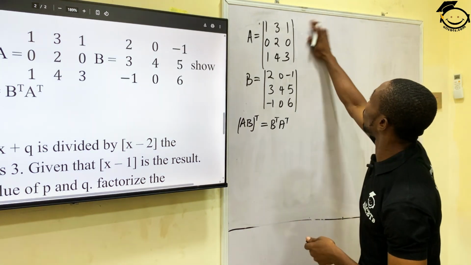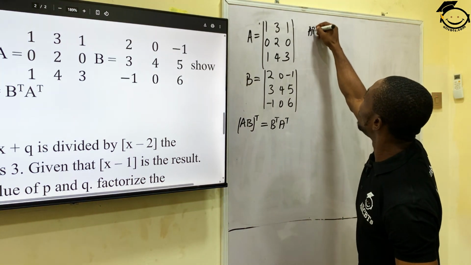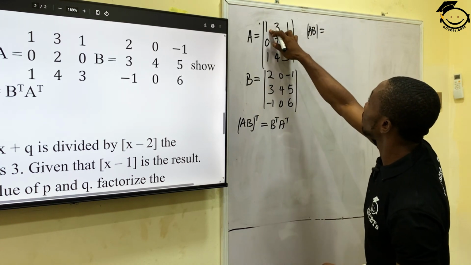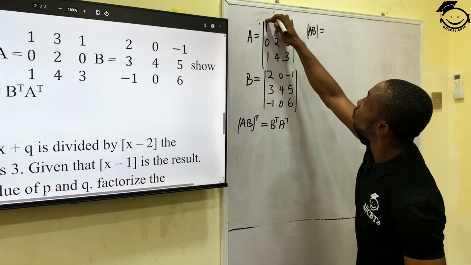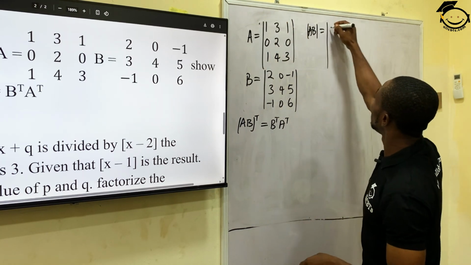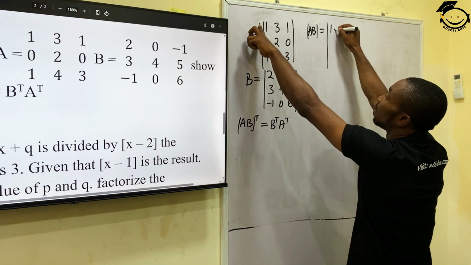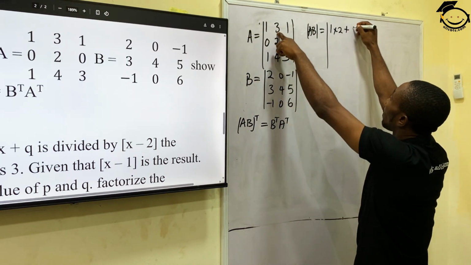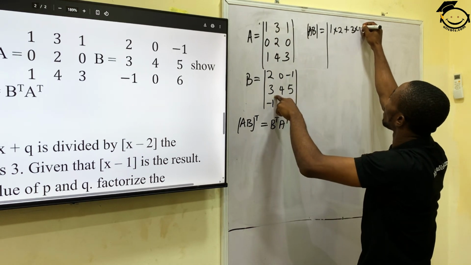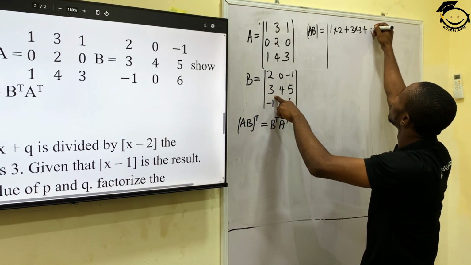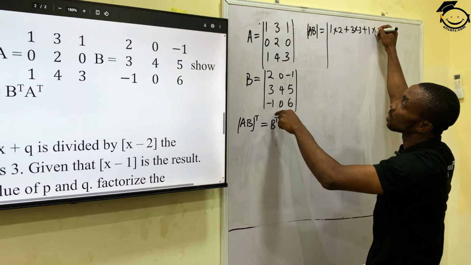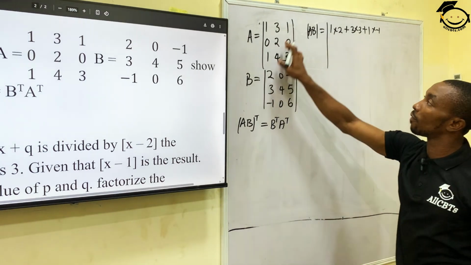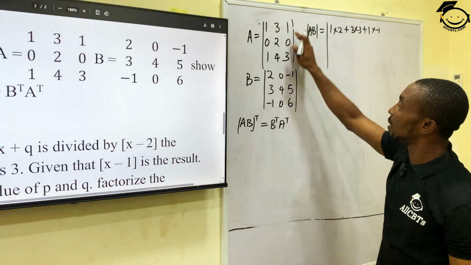So now let's go into it. We have A, B, which is row 1, our first row. We have 1 times 2 plus 3 times 3 plus 1 times minus 1. That is for our first row and column.